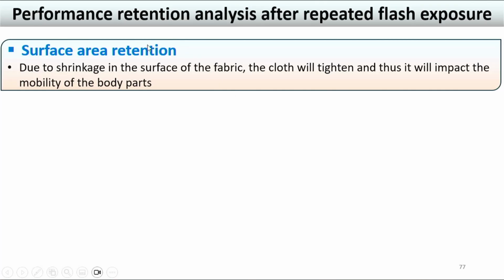Surface area retention. When we repeatedly expose the fabric to flash fire, the fibers, the fabric may shrink. Due to the shrinkage, the surface of the fabric, the cloth will tighten.